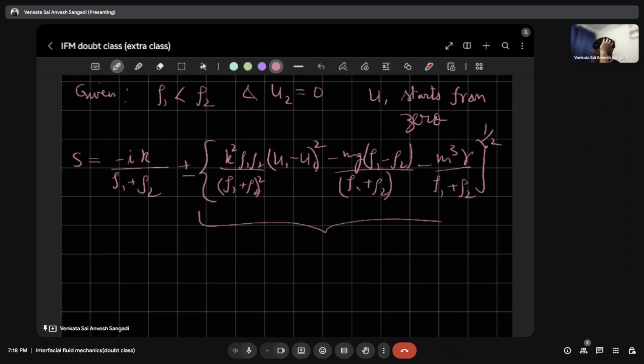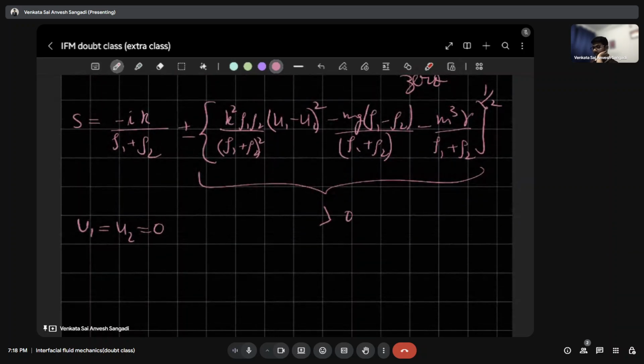So when this term is greater than 0, then we have the unstable form.